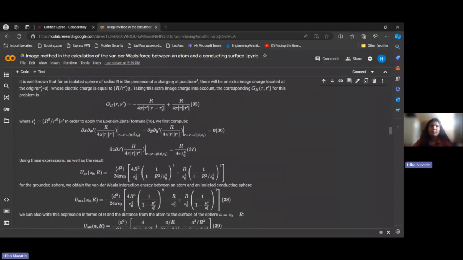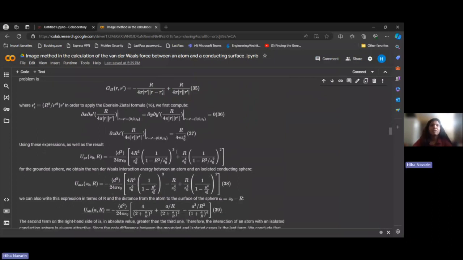For applying the Eberlein-Zietal formula, we first compute the relationships with the partial fractions.